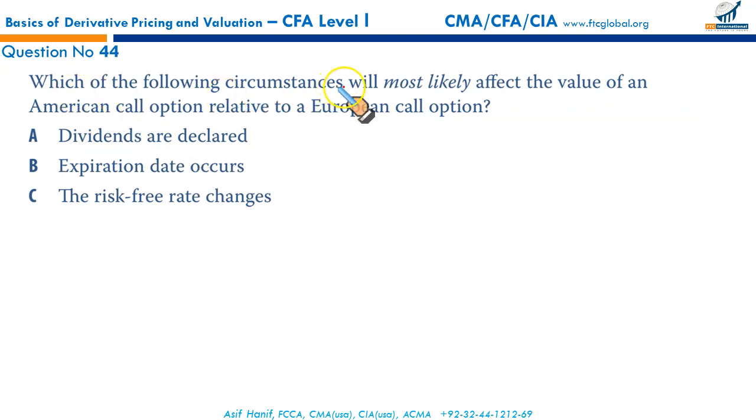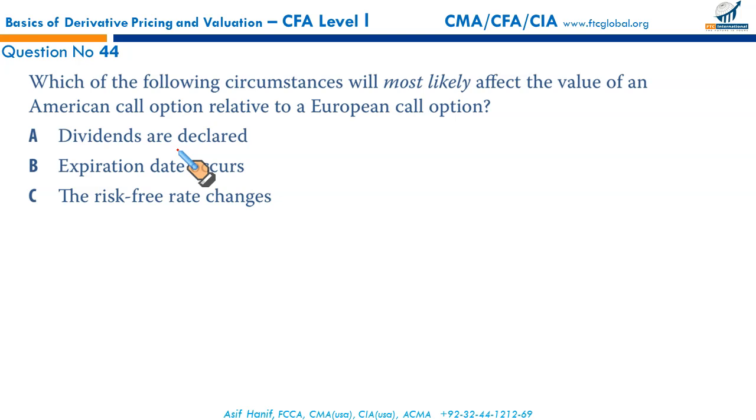Which of the following circumstances will most likely affect the value of an American call option relative to European call option? Well, dividends are declared. When a dividend is declared, an American call option will have a higher value than a European call option. Why?